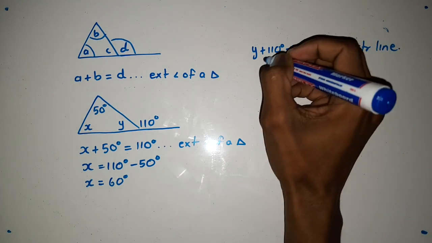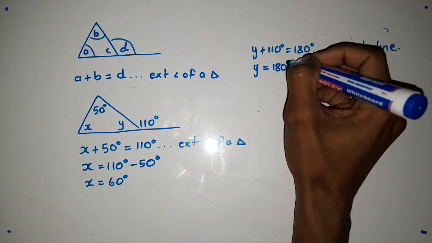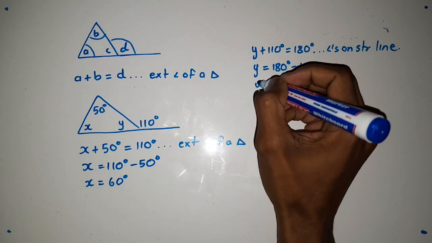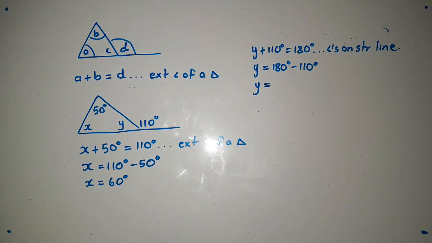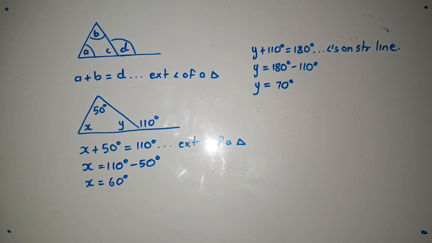Do you understand? Then y is going to be equal to 180 minus 110, like this. Then your final answer, you must get, I think, 70 degrees, like this. You see?